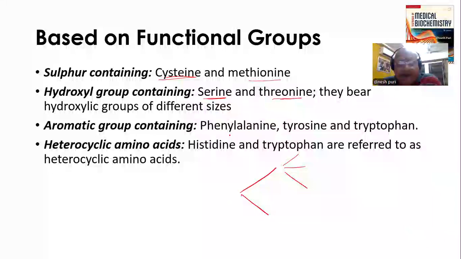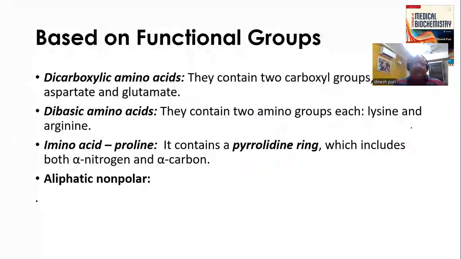Aromatic group containing, we saw phenylalanine and tyrosine; there is another, tryptophan also. Likewise, dicarboxylic we saw just now: aspartate and glutamate. Dibasic or diamino, we have seen: lysine, arginine.